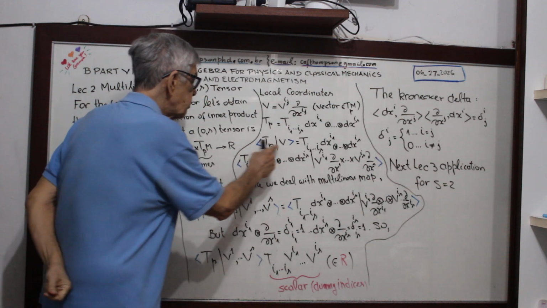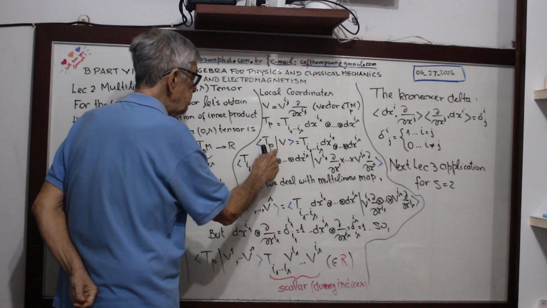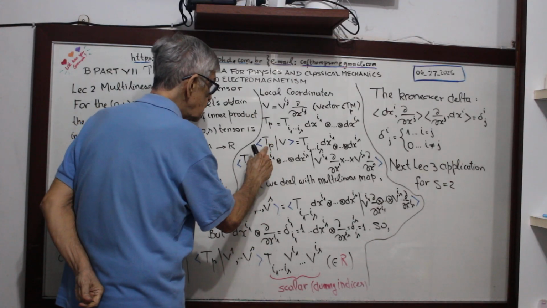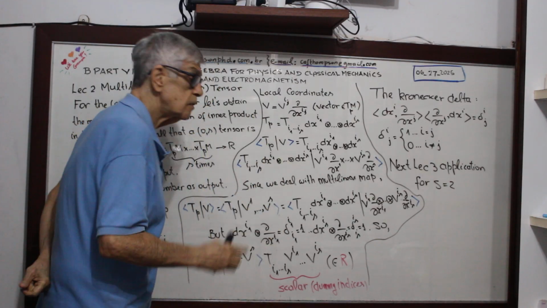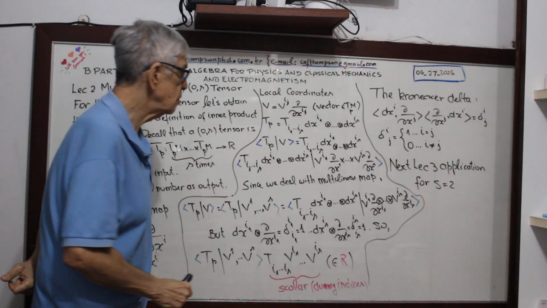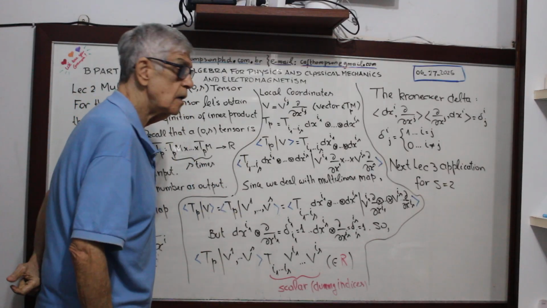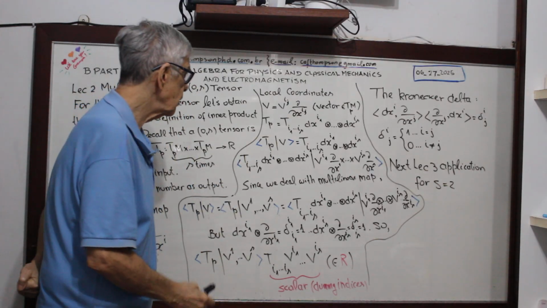Now, there's an inner product between T_p and V. Attention, T_p and V are invariant, so I can express them in any coordinate system.